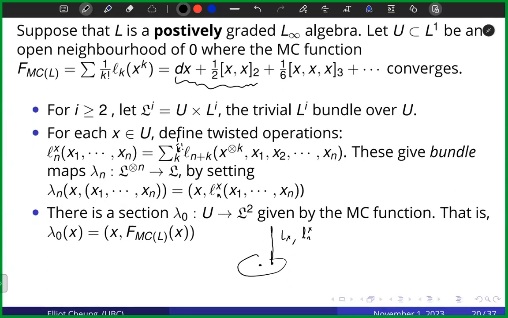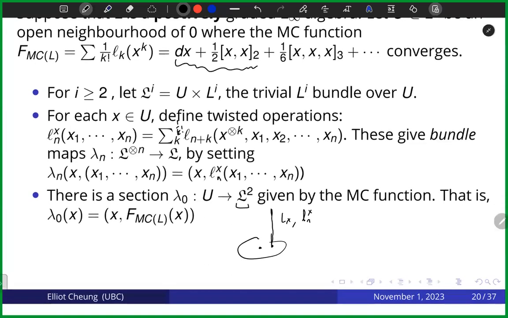Then we take the Maurer-Cartan function, and that gives us the section from U to the first of these bundles, which is the second bundle. So this bundle starts in degree 2. Well, we shift the grading. Okay, never mind.